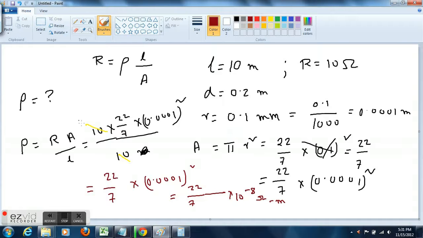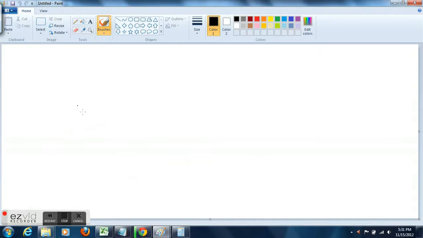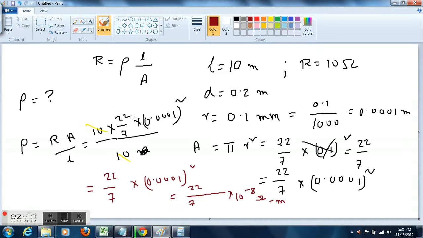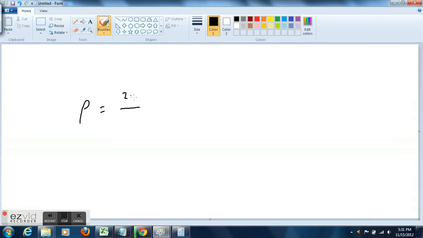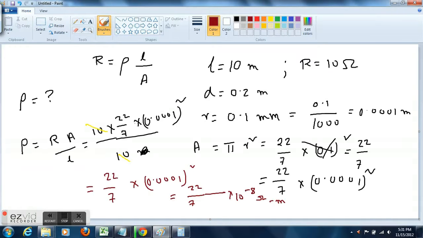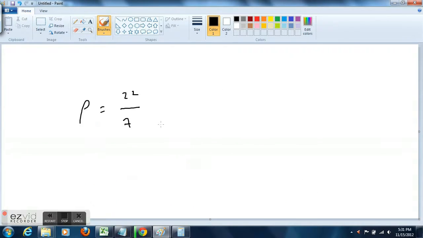Therefore, the resistivity rho equal to, let me write it in a fresh page, it will look better. So rho equal to 22 upon 7 multiplied by 10 to the power minus 8 ohm meter. 22 by 7 is 3.14.